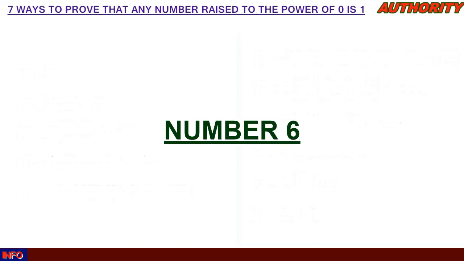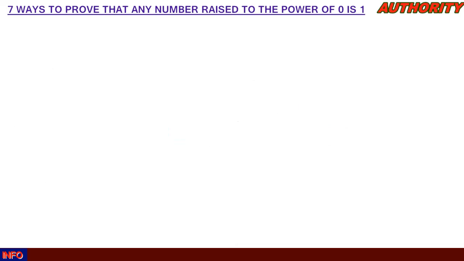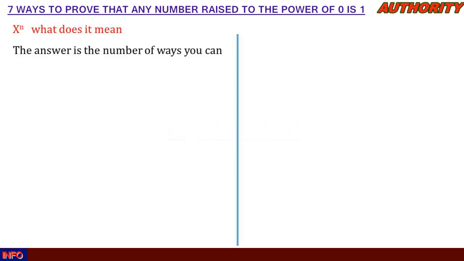I want you to pay attention to this number very well. Now, x raised to power n. What does it mean? The answer is the number of ways you can arrange a set of n elements from 1 to x.